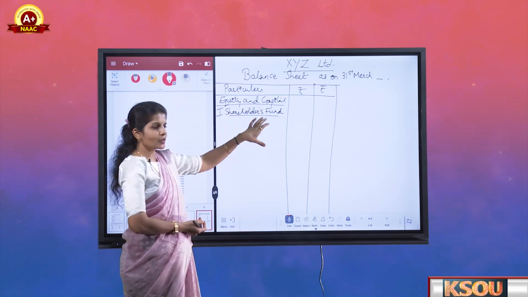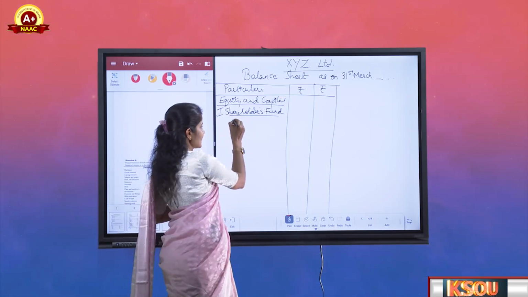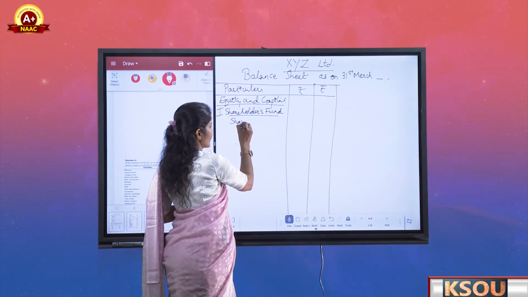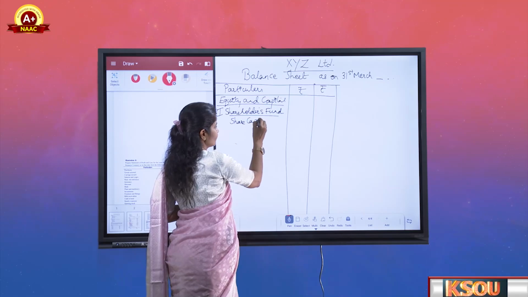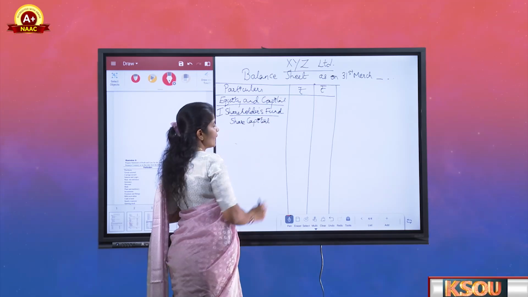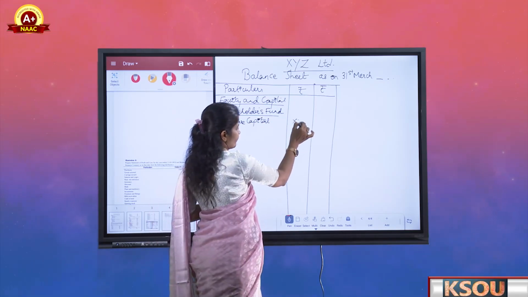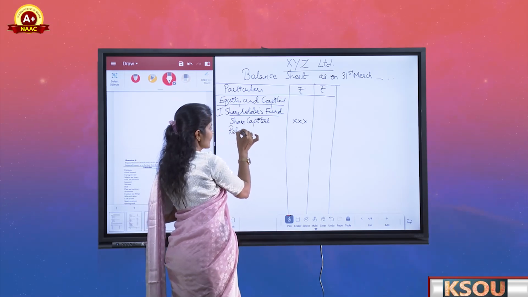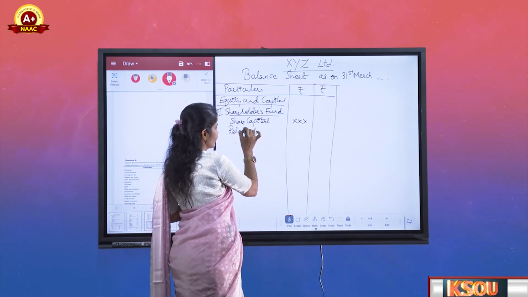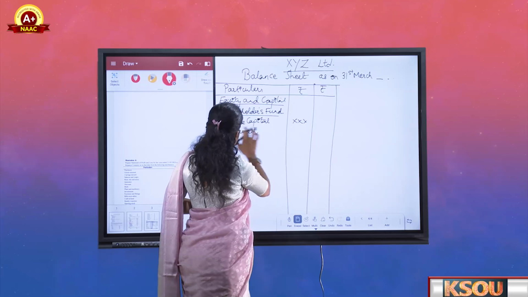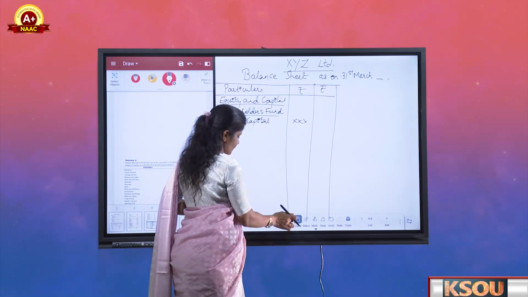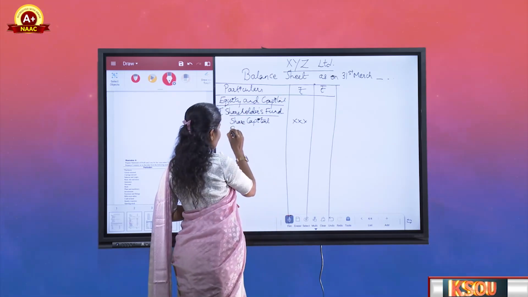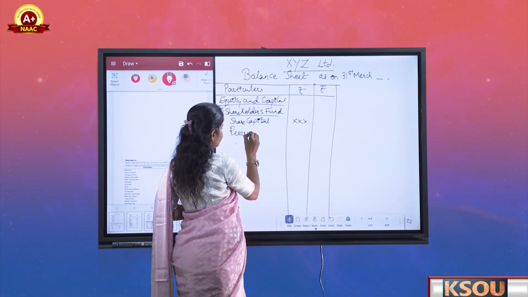So this shareholders fund will be taken first, and under this we will have a share capital. Along with this, we will also have retained earnings, or we can also say reserves and surplus.